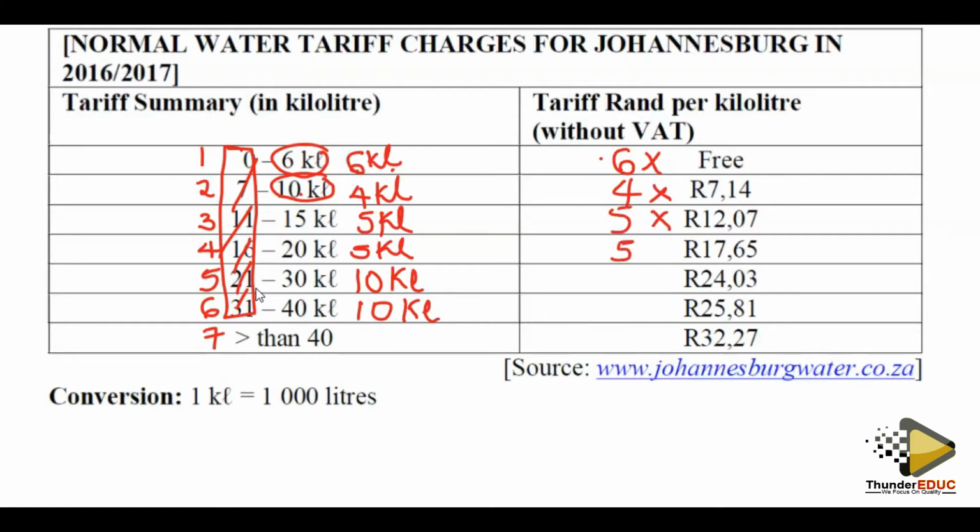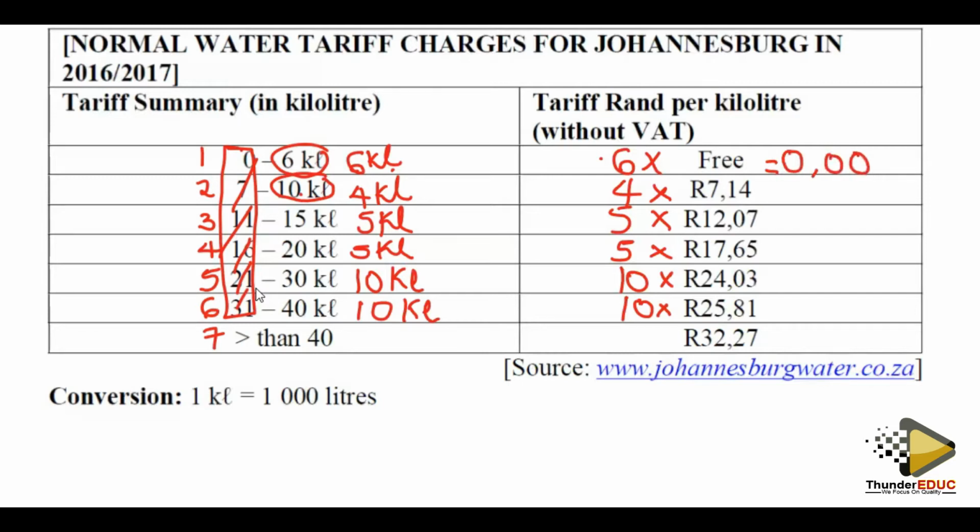Another 5 in bracket number 4. It multiplies with that. Bracket number 5 has a maximum of 10. 10 will multiply with that. Bracket number 6 has a maximum also of 10. Multiply the two. Get the money that you need. So in bracket number 1, the maximum one has to pay is that much.